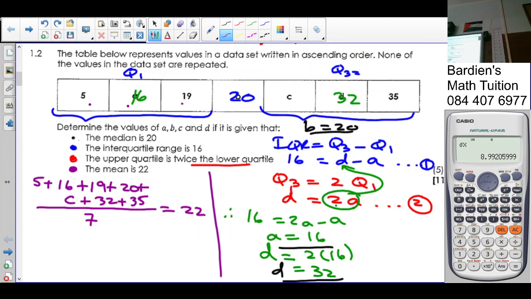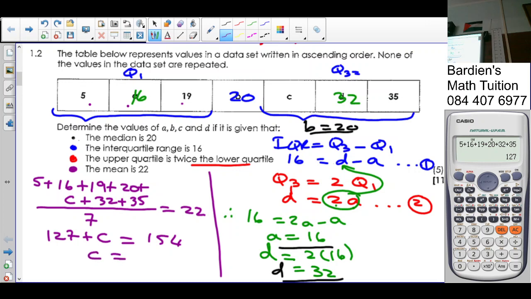So you put it on your calculator. You can do it in your head. 5 plus 16 plus 19 plus 20 plus 32 plus 35 is 127. So 127 plus C over 7 is equal to 22. So I cross multiply. 22 times 7 is what? 154.